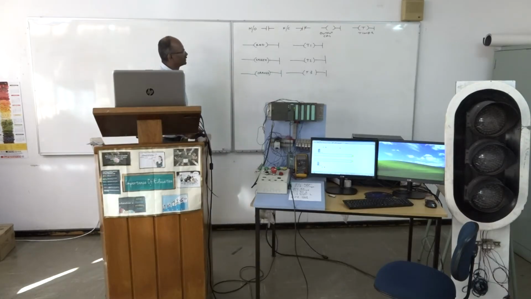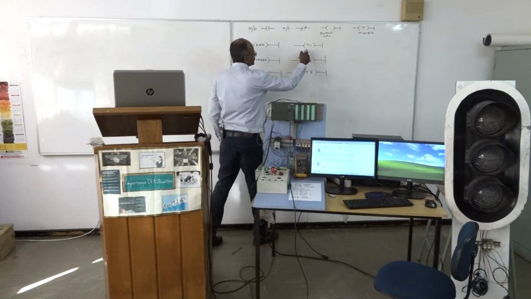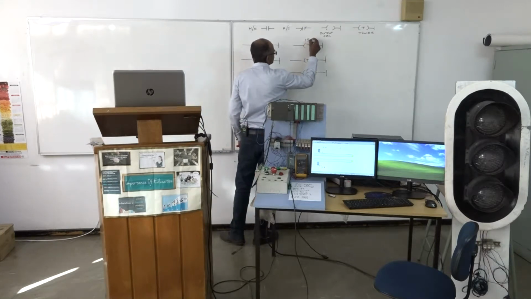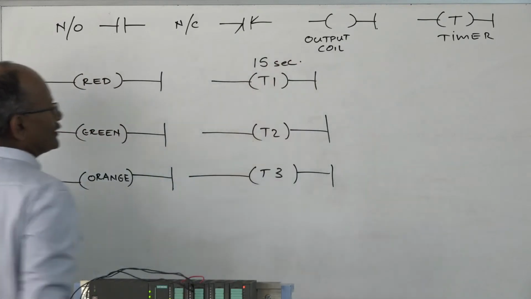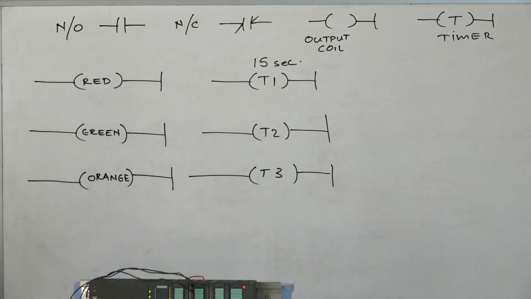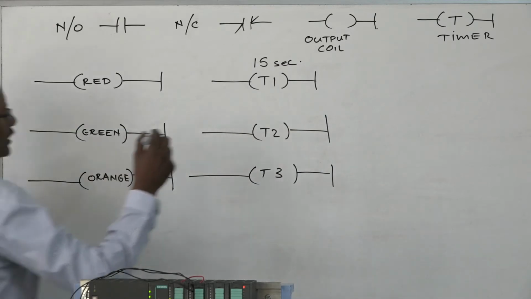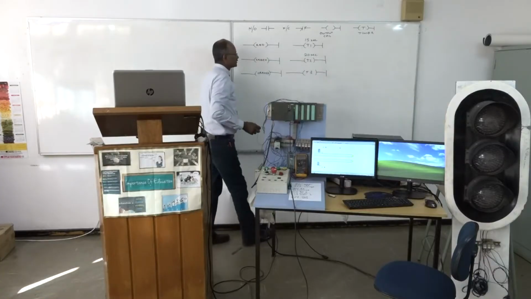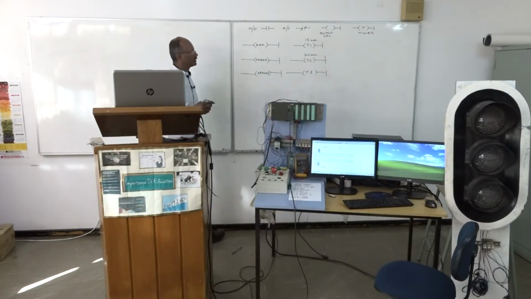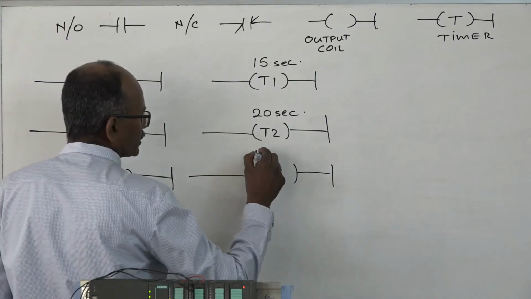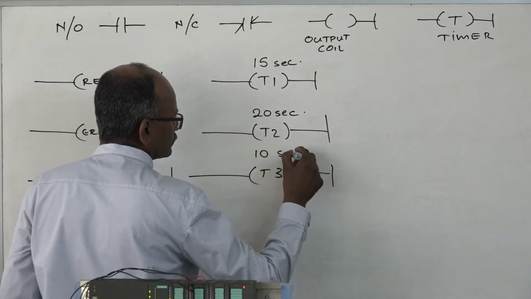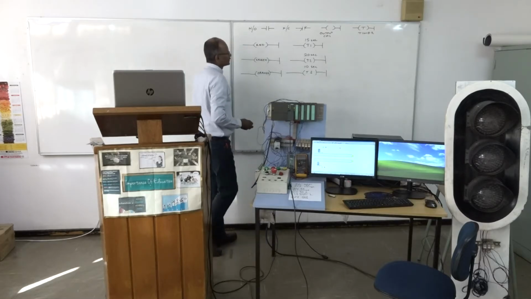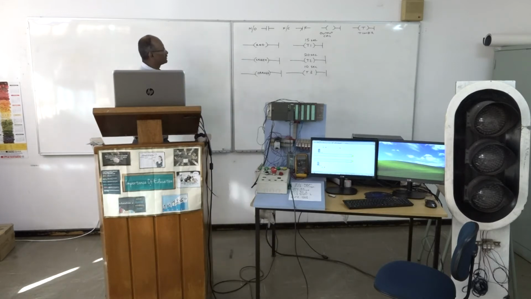T1, your red light, must stay on for 15 seconds, so this would be a 15-second timer. T2 must stay on for 20 seconds, so your green light must stay on for 20 seconds. It must then switch to an orange light, and that must stay on for 10 seconds. Those are my input and output devices.